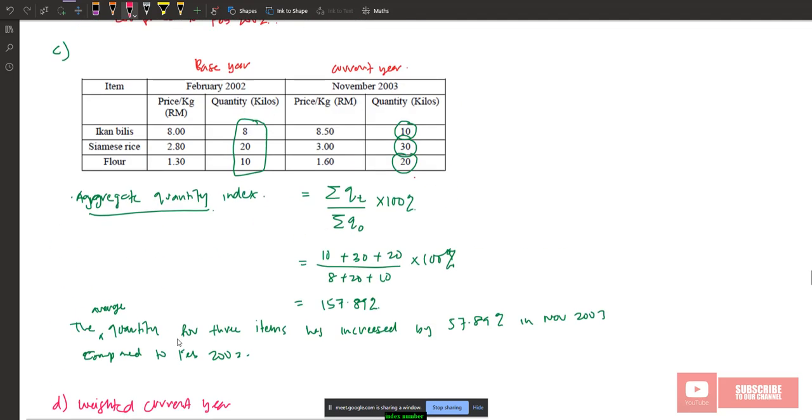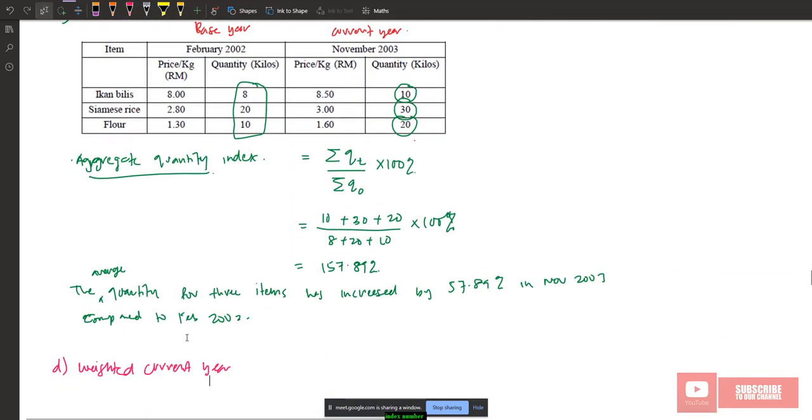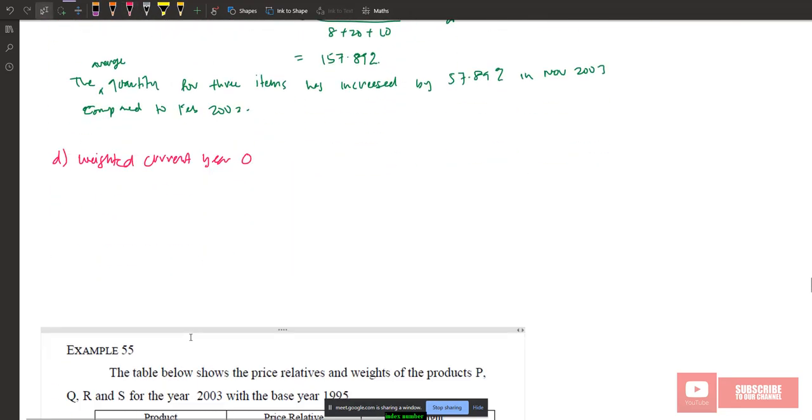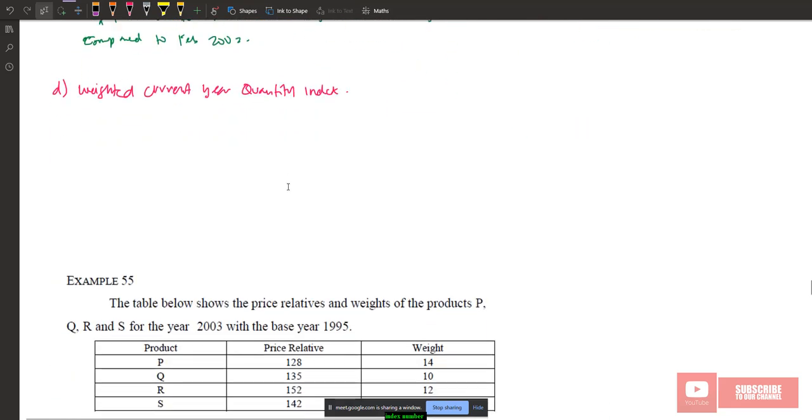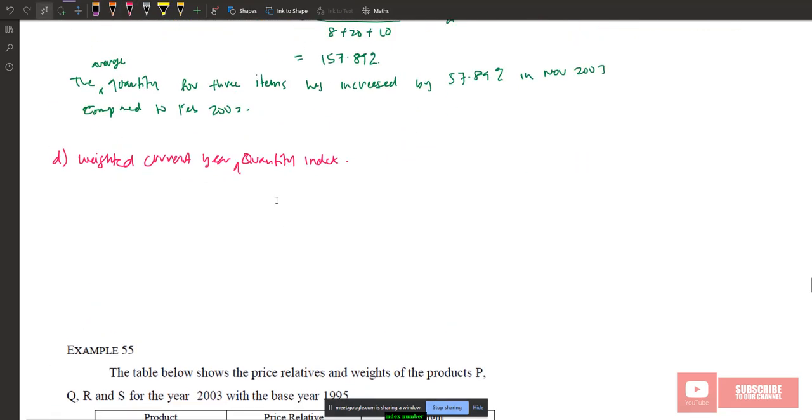So this is quantity index. Dia kata kat sini, weighted current year aggregate quantity index. So aggregate. Right. Weighted current year aggregate quantity index is also equal to Paasche quantity index.